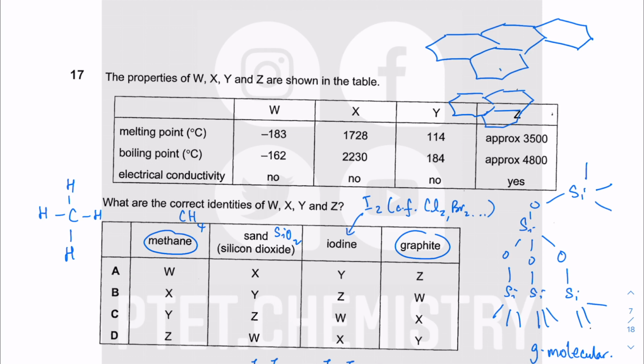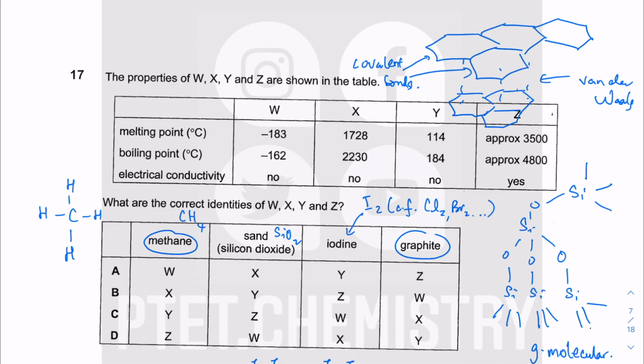My diagram is not super perfect, but it's got van der Waals forces between the layers, and it has got covalent bonds throughout the structure. Giant molecular structure, you need to break many strong covalent bonds in order to melt and boil graphite.